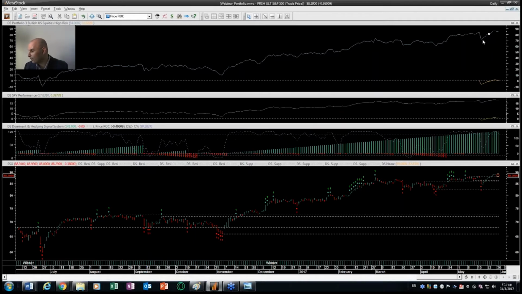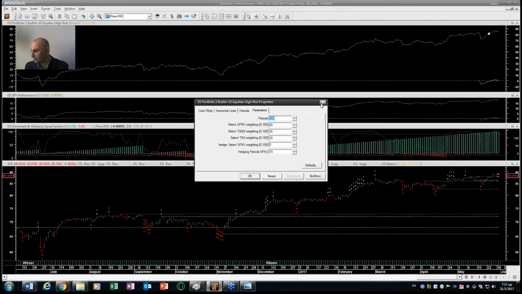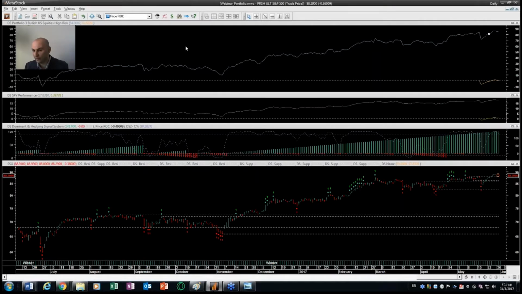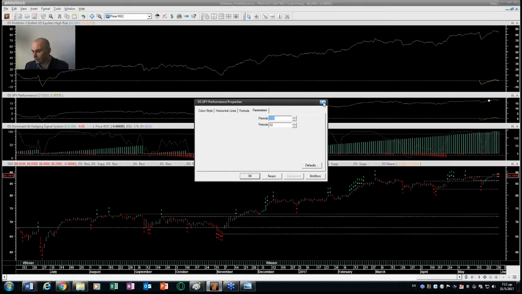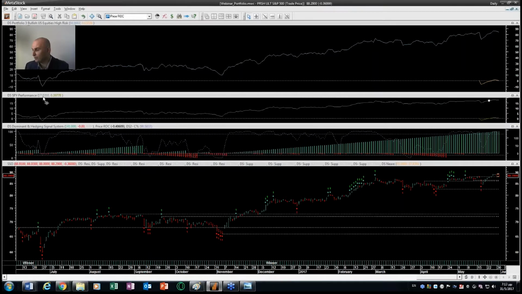To show you what it has done so far, this is a 300 period performance of this portfolio. The performance is 84%, and this is the performance of Standard & Poor's, and it is 17.8%. So this performance here is much bigger than this one.